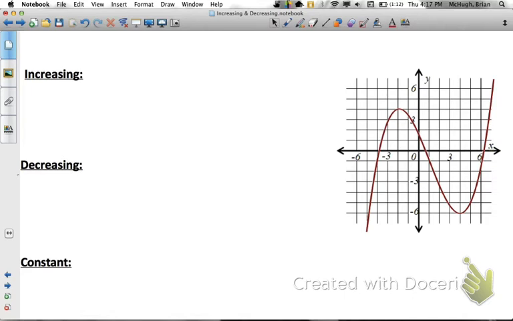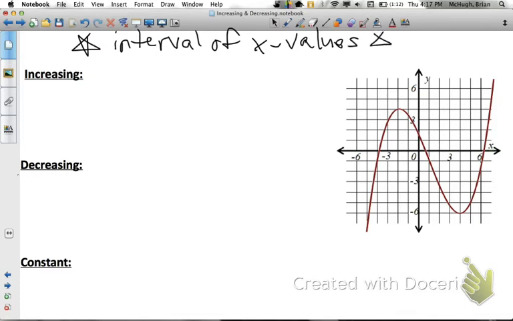As we start talking about increasing, decreasing, and constant nature, the one thing that I want to emphasize is that when we write our answer, the answer is always an interval of x values. That's going to be really important because the increasing, decreasing, constant part is going to describe the y values, but our answer is going to be the interval of x values.